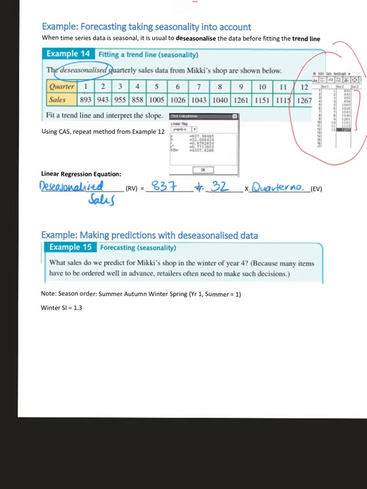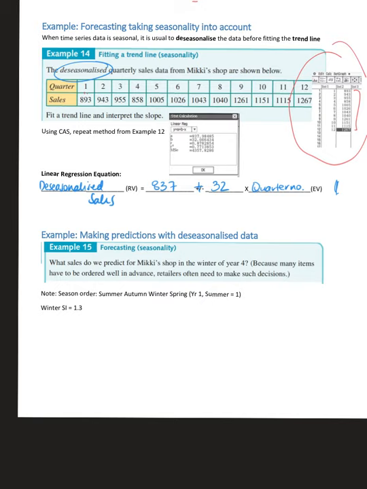So it's also really important to stop and think, okay, so if I want the sales figures for Mickey's shop in the winter of year 4, that is not the deseasonalised sales, that is the actual sales. So any prediction that I do with this equation is going to give me a deseasonalised sales figure. So I'm going to have to re-seasonalise it.